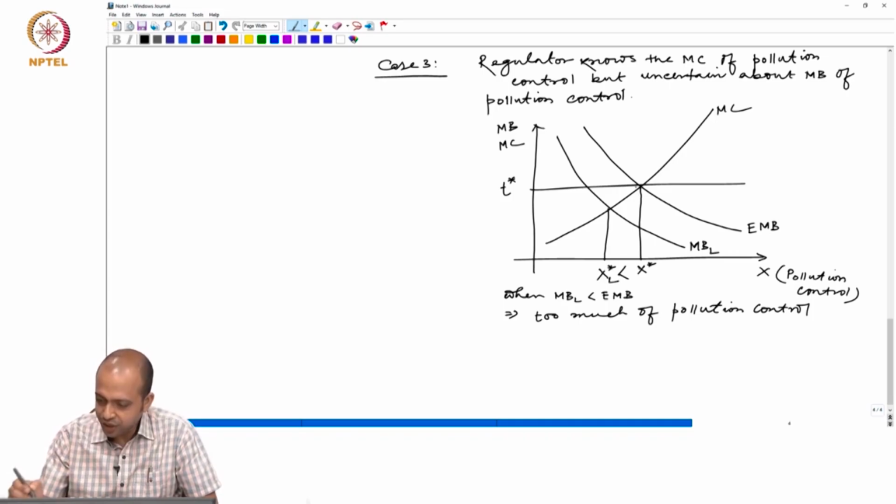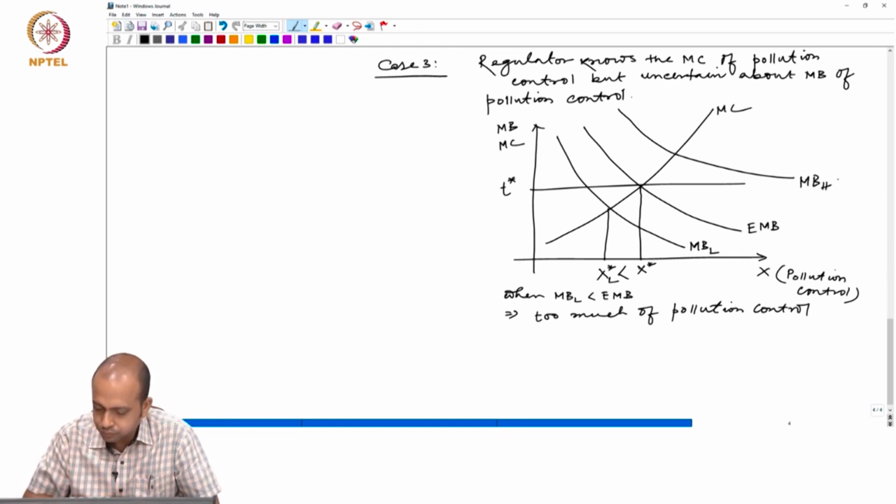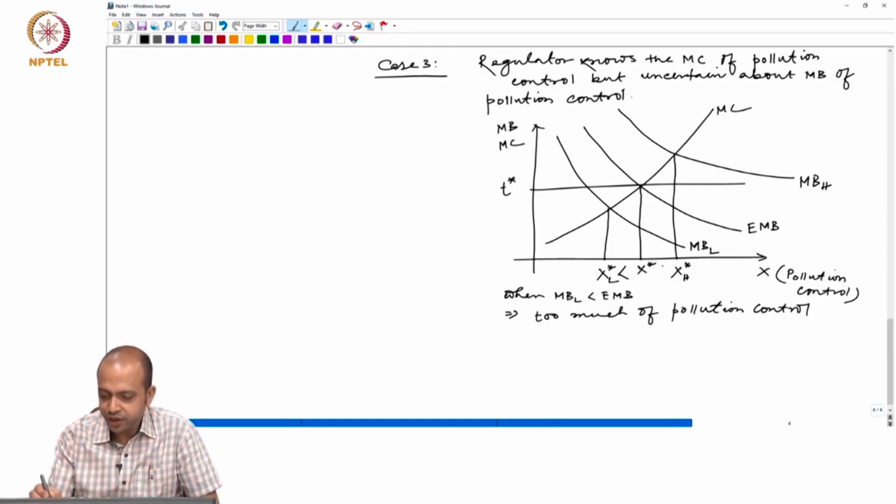Similarly, if the marginal benefit is higher, let us say MBH, society wants this much pollution control, but the private player is supplying here.